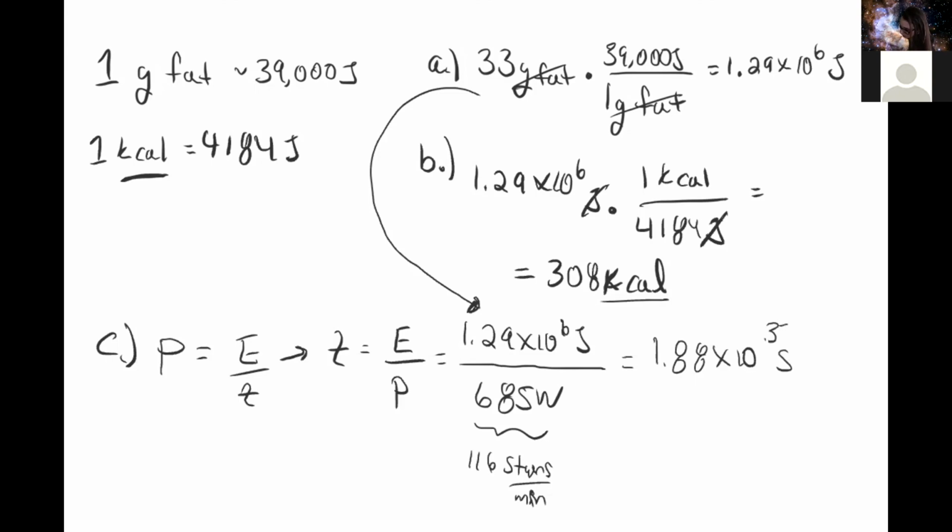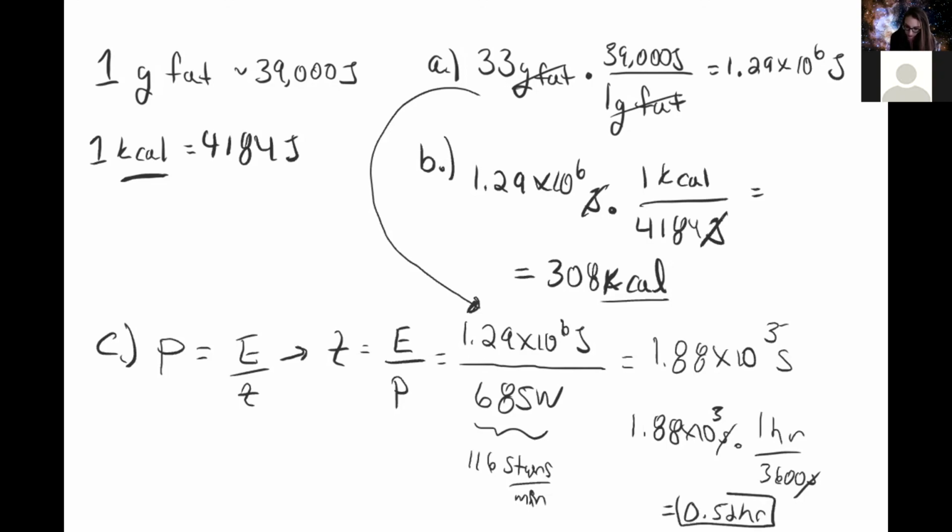And so if I want to convert that into hours, 1.88 times 10 to the 3 seconds times, in 1 hour, there's 3,600 seconds, okay? So if I divide 1.88 times 10 to the 3 by 3,600, that gives us 0.52 hours.